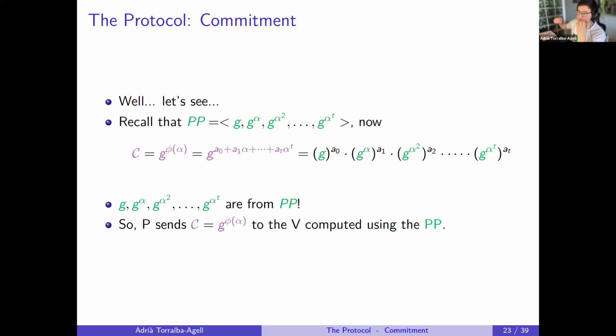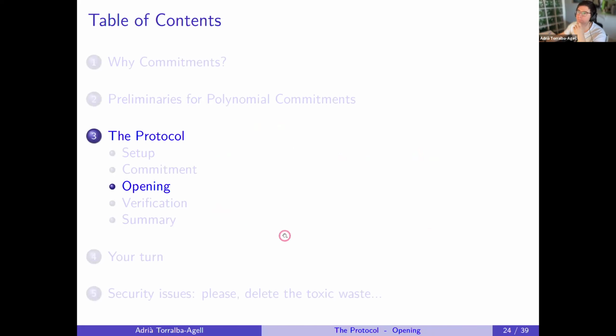Because now we are going to see the opening and the verification, these are the two steps that are more difficult than this one. Okay, if everything seems to be going good, let's move to the third step, which is the opening.